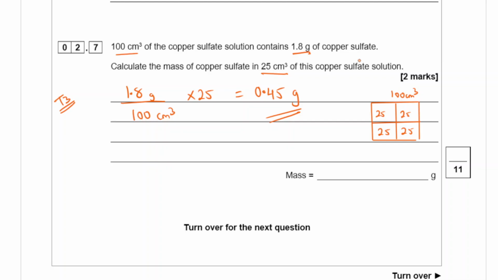So if I want to work out the mass in just one quarter of it, because in all 4 of them I've got 1.8 grams, 1.8 divided by 4 will give you 0.45. There's another way of looking at it, 0.45. That brings us to the end of question 2.